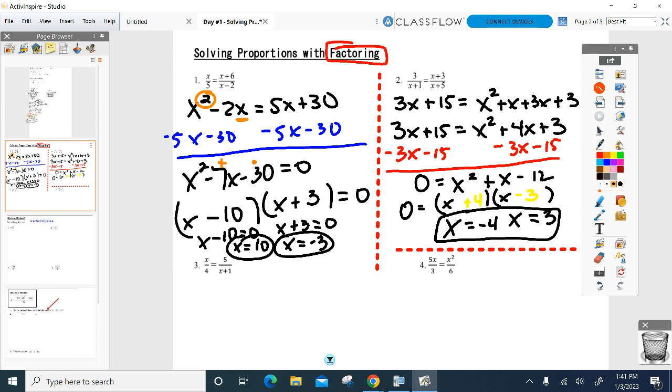You got 3 on. Don't go to number 4, please. We're not going to do number 4 as a class. So number 3, go ahead on your own. See what you got.